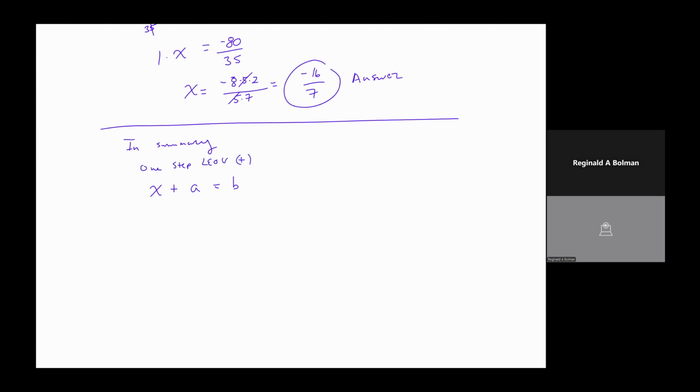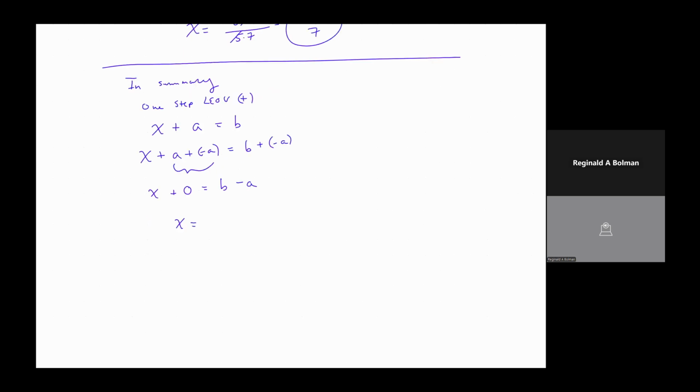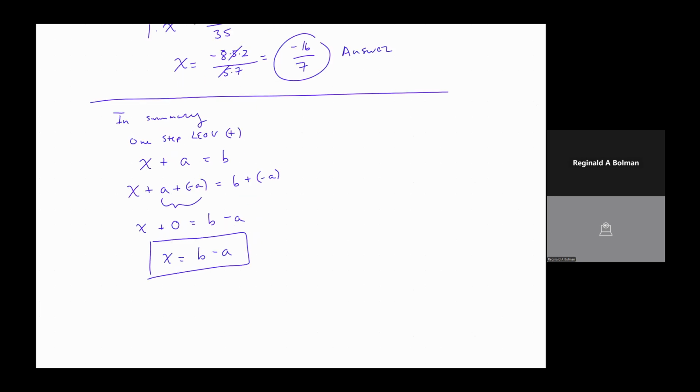And what we say for the additive case is that anytime you have an unknown number plus something is equal to something else, we can clean this up by adding the opposite of a given number to both sides of the equal sign, and that allows us to exploit the additive inverse law, and you'll just get b minus a on the other side. So we get x plus 0 is x is equal to b minus a. Always, always, always. That's always going to be the case for a one-step LEOV under addition.